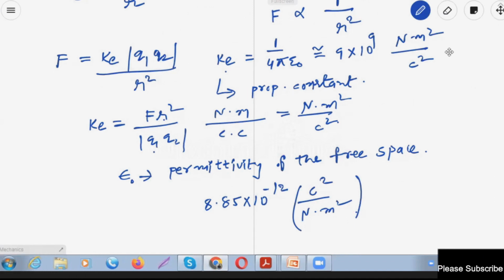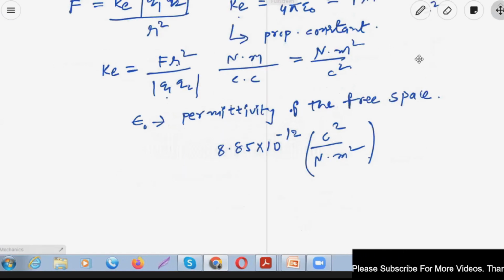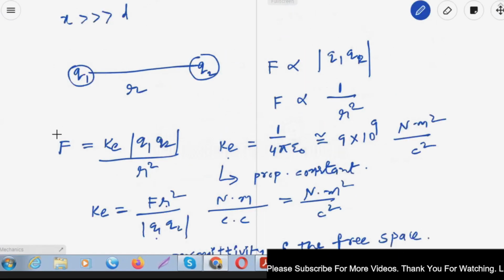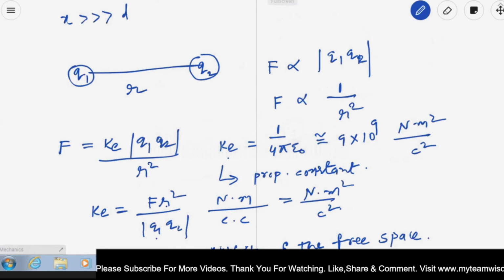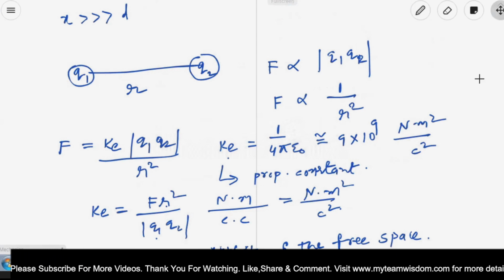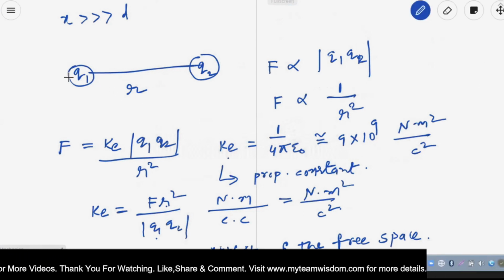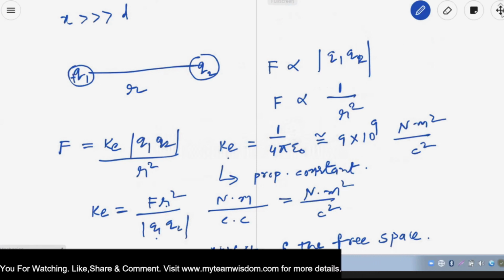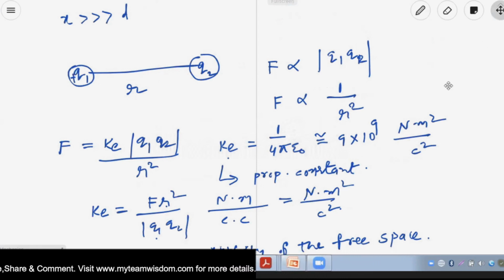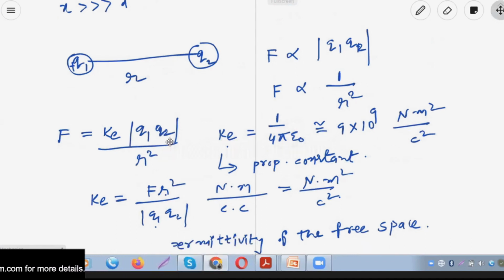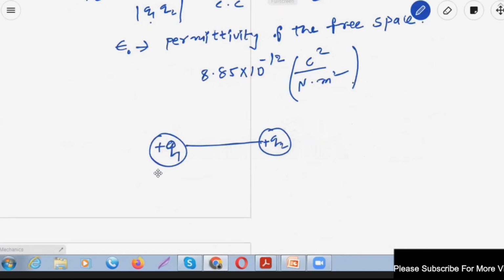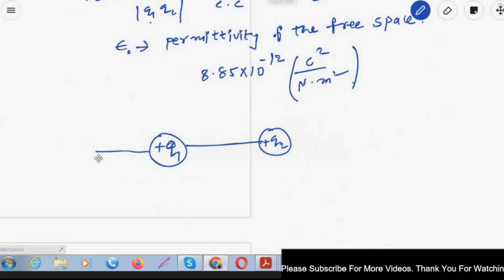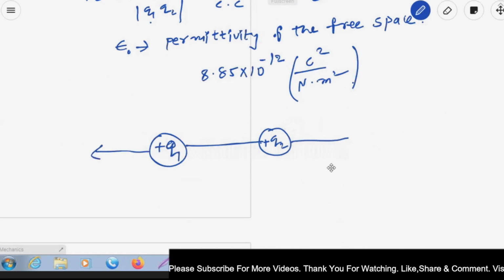Again, in the first year, in the 11th grade, you have read that force is a vector quantity, right? Yes, force is a vector quantity. That means if you have taken two positive charges like this, plus Q1 and plus Q2, there is a repulsive force between them like this.